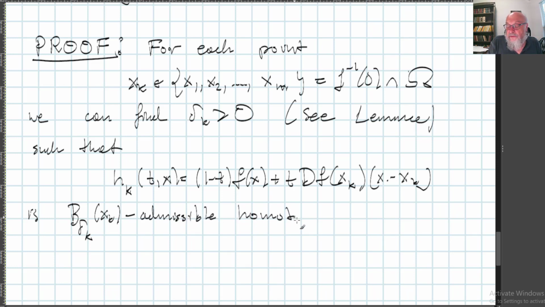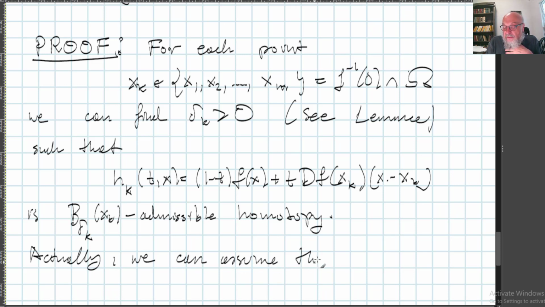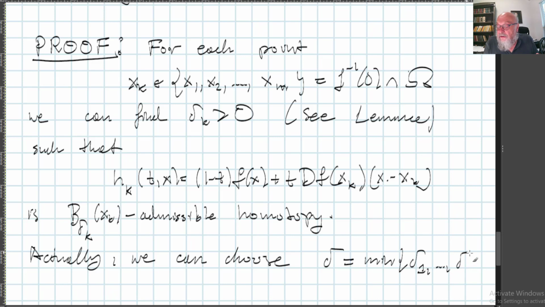Just to make sure that we do not have too many, actually, we can assume, or we can choose, delta equal to the minimum of all those deltas, and this will in a certain way simplify our notations.